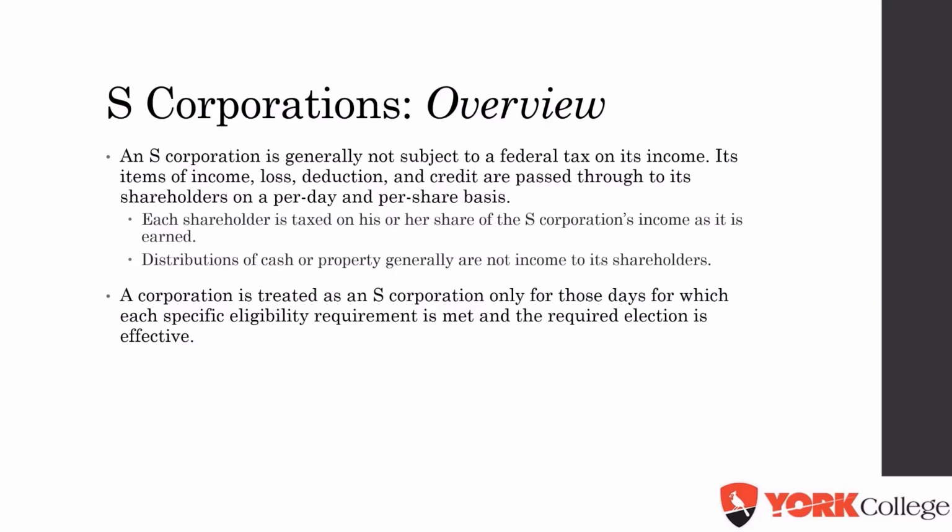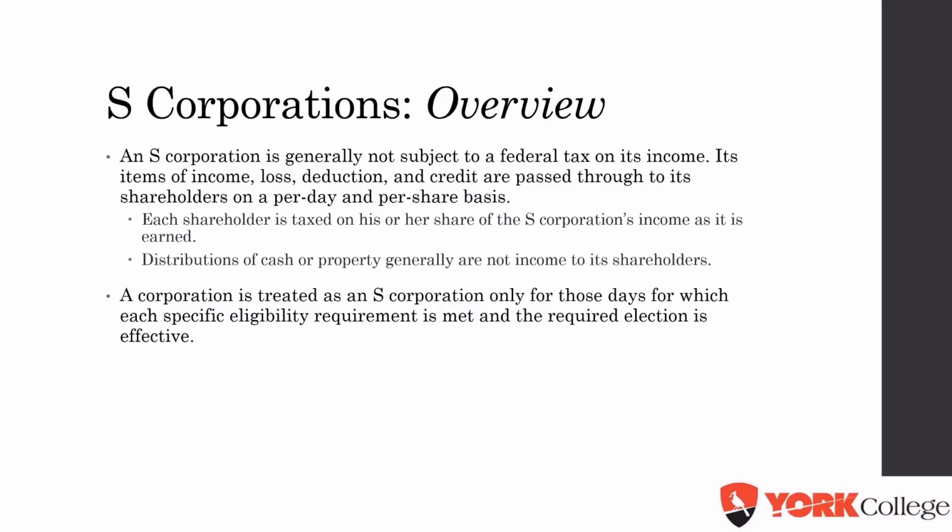In other words, S corporations have a separate tax basis within the federal government, and the taxes are passed through to the people that own the S corporations, specifically the shareholders. Those taxes are calculated based upon the share that's owned by each shareholder and is taxed individually to each shareholder.